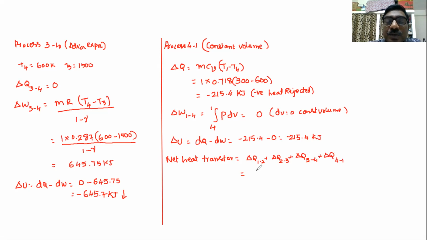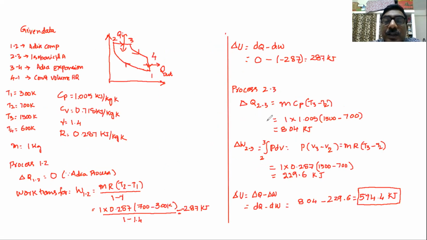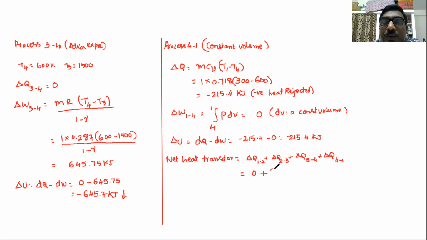The first one is 0. What is the second one? Let us see what the second one is from previously: 804 kilojoules.